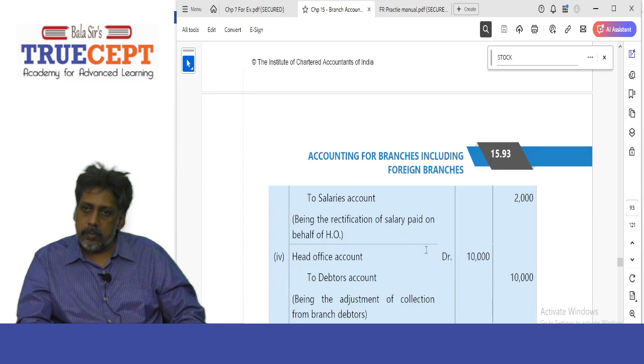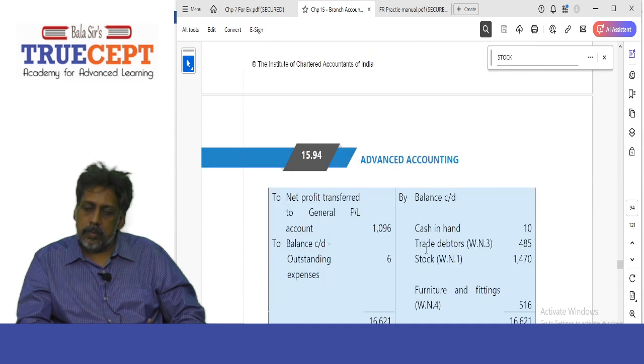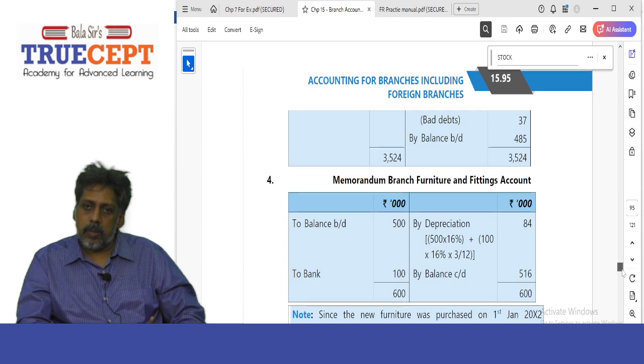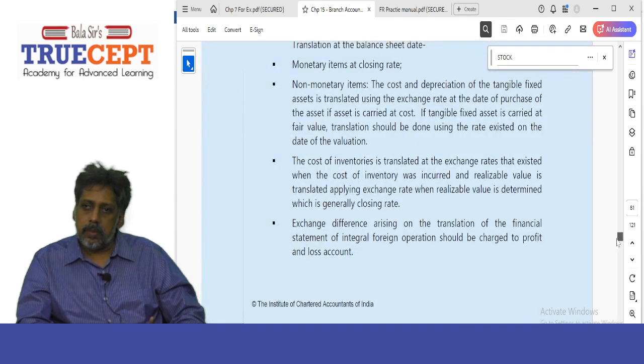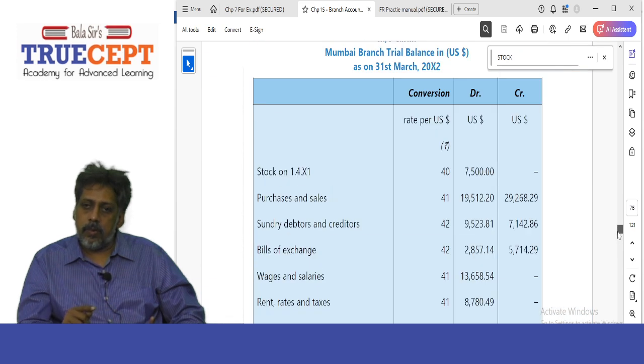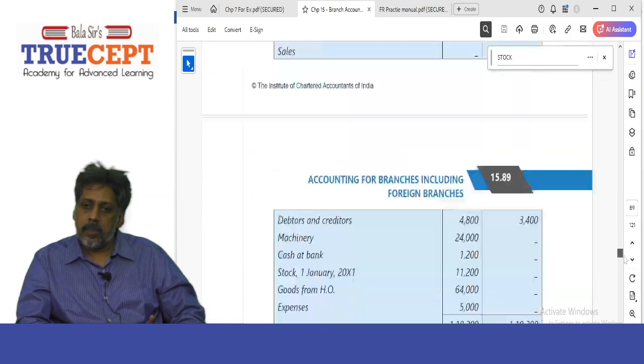Books of branch and the books of head office. Is it a practical sum or illustration? Somewhere you will find journal entries, some 5-6 entries should be there in the practice questions. Just check.